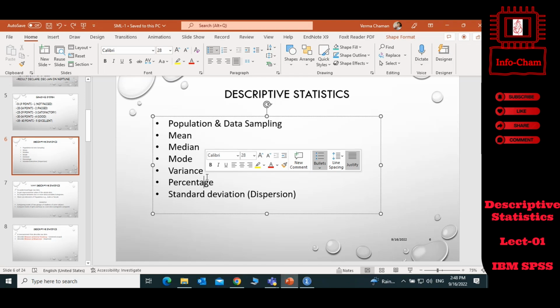Base, percentage, very easy. Deviation, that is called the standard deviation, that is the dispersion. Sometimes we say dispersion: how much the value deviates from our mean value, the average value. In practice there should not be high deviation; it is better to have less deviation.